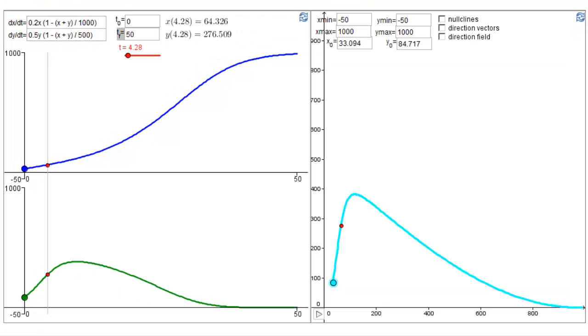You can also explore the behavior of this model with the second applet on this page.